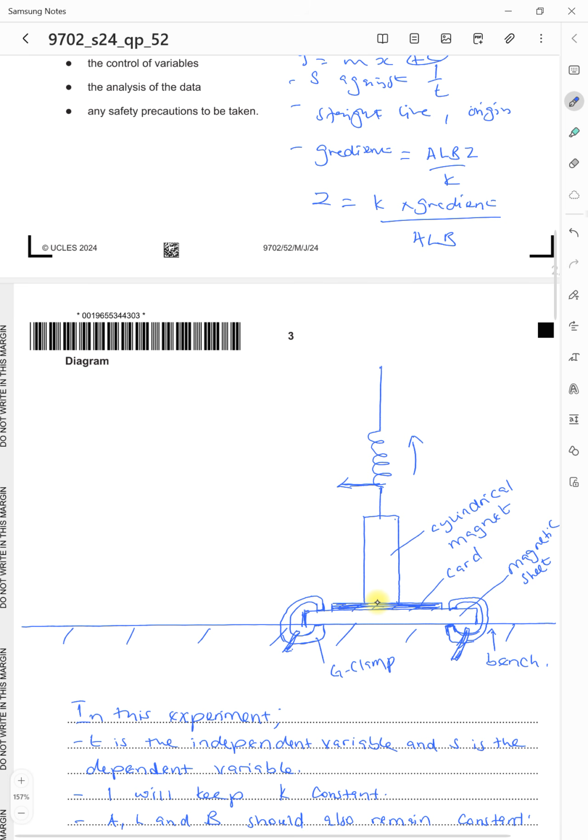So I'll draw a ruler. So this ruler must be held vertical with a clamp.